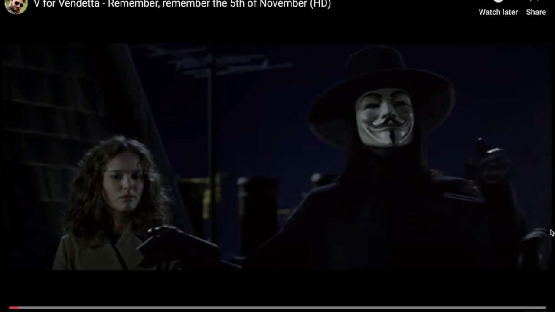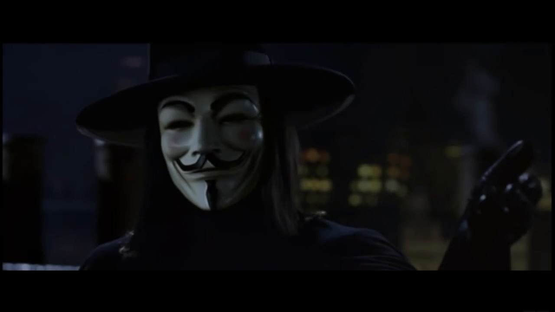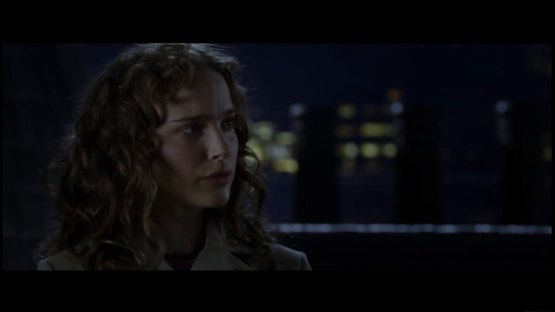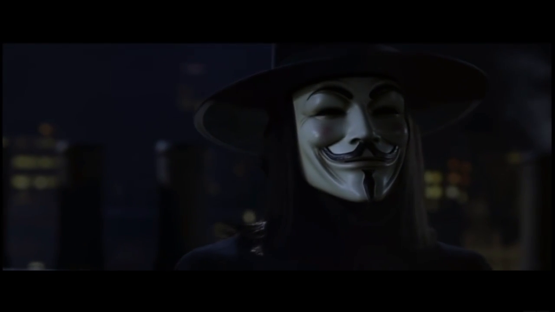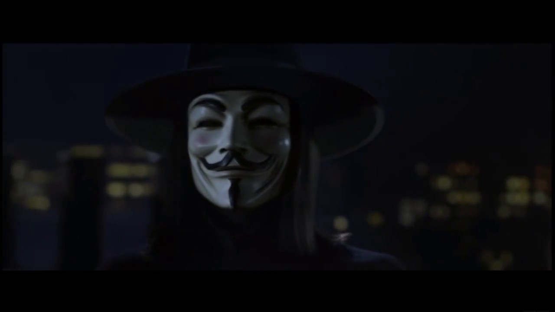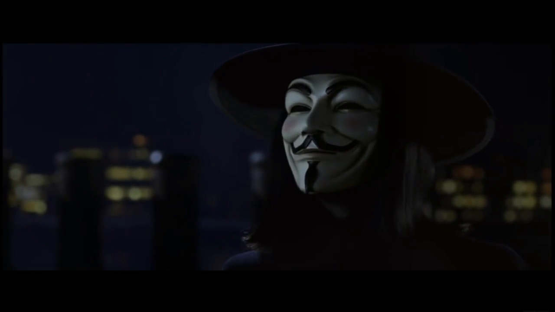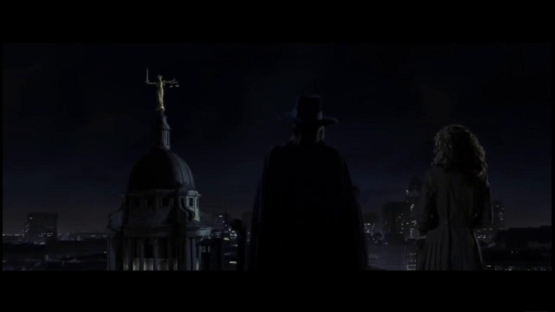It is to Madame Justice that I dedicate this concerto in honor of the holiday she seems to have taken from these parts, and in recognition of the impostor that stands in her stead. Tell me, do you know what day it is, Evie? November the 4th. Not anymore. Remember, the 5th of November, the gunpowder, treason, and plot. I know of no reason why the gunpowder treason should ever be forgot. First, the overture.